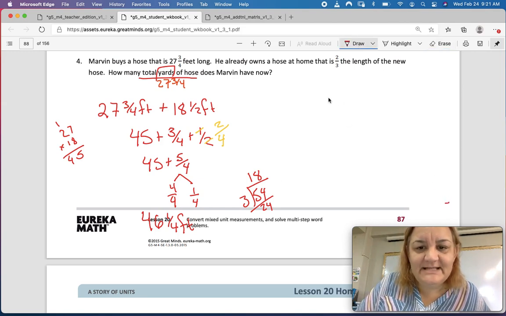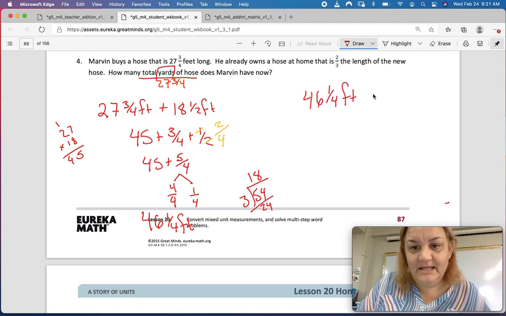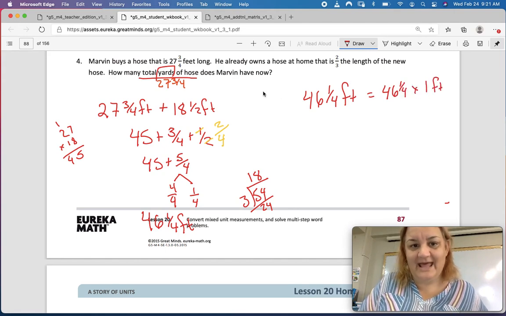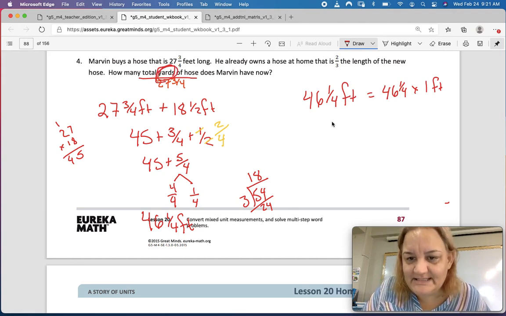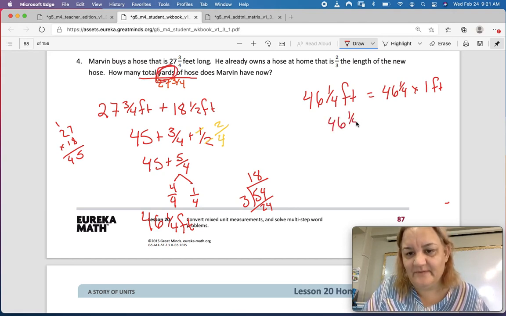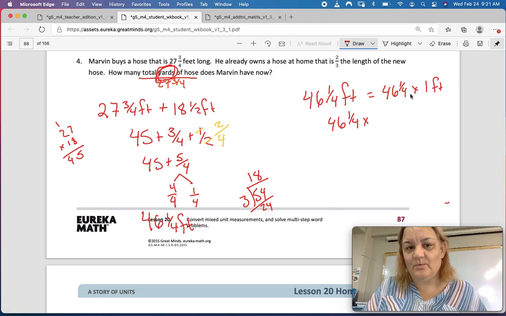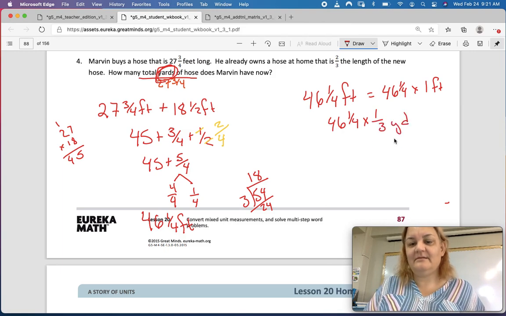All right, so 46 and 1/4 feet equals 46 and 1/4 times 1 foot. Okay, but I want to change it into yards right there. So I need to say 46 and 1/4 times, what is a yard? 1 foot to a yard would be 1/3 of a yard.